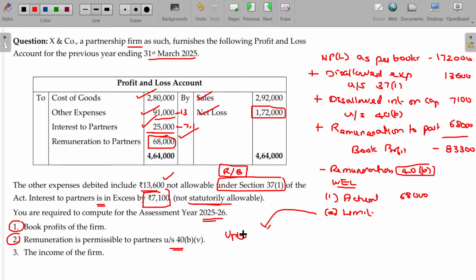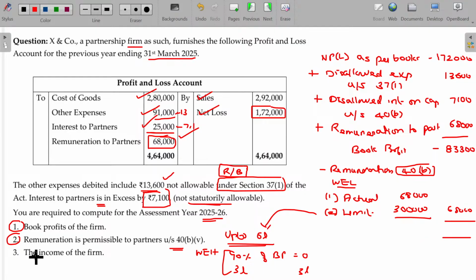Up to 6 lakhs of book profit, 90%, or 3 lakhs, whichever is higher will be taken. So this is negative and 3 lakhs is there. Whichever is higher, 3 lakhs can be taken. As the profit is negative, you have to take 3 lakhs directly. Between these two, whichever is lower, 68,000 can be subtracted.